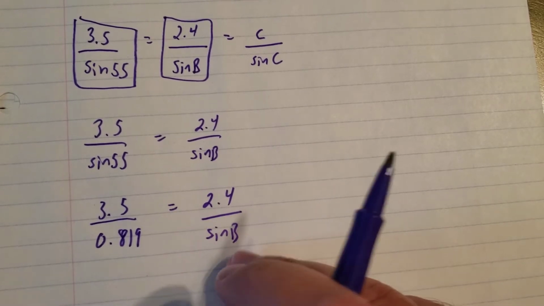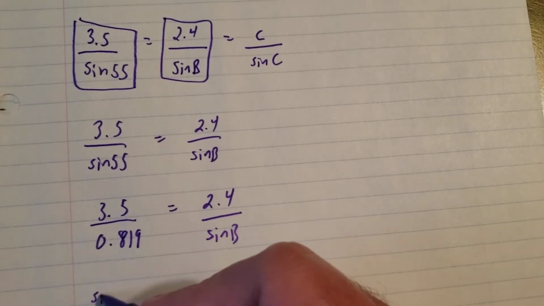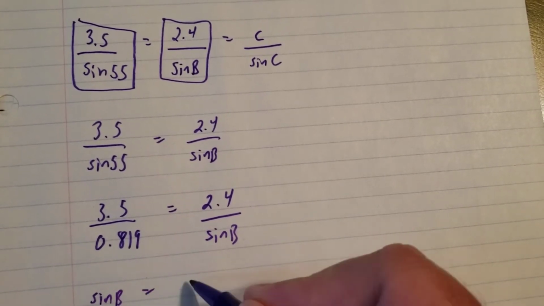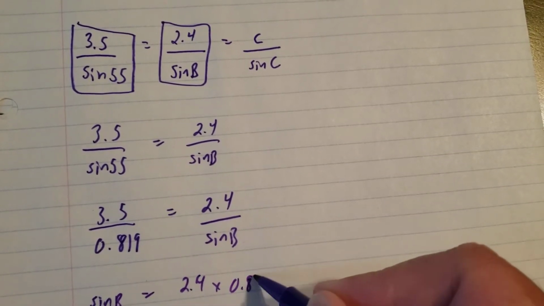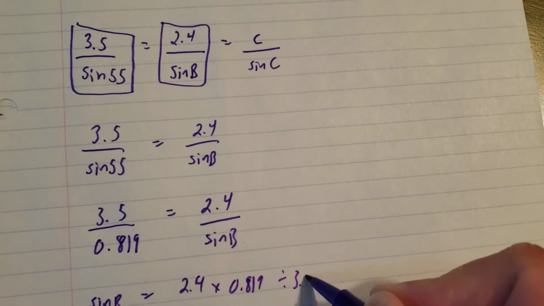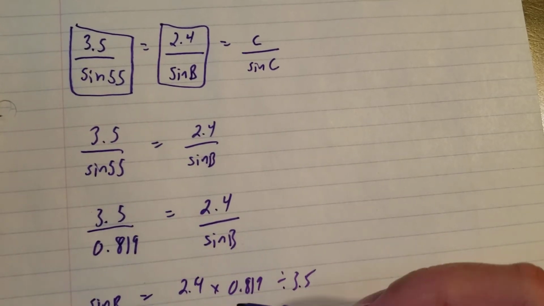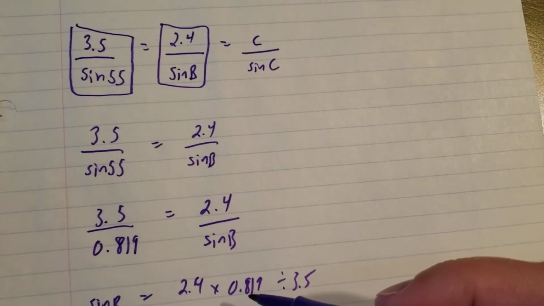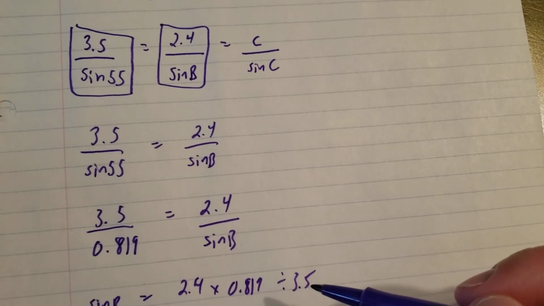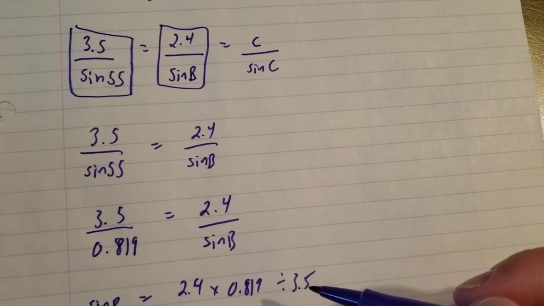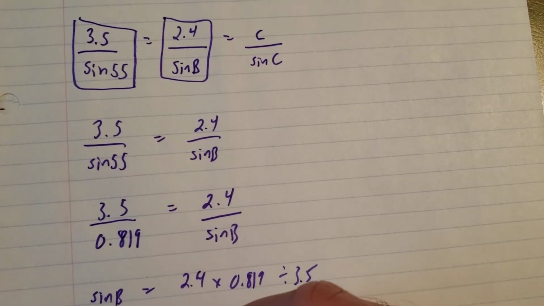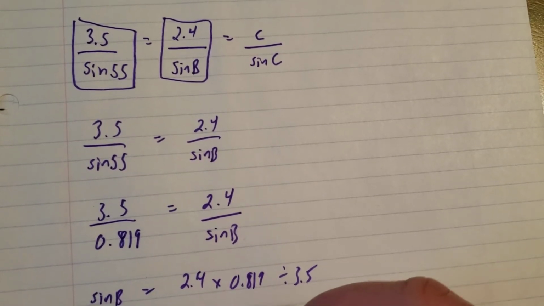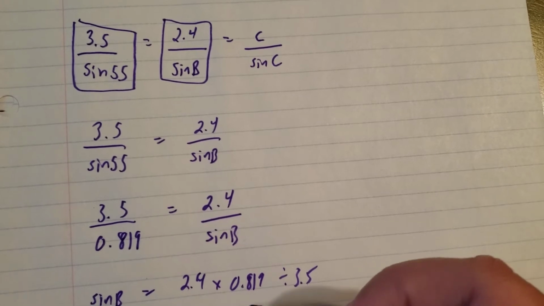Well, whatever's here is actually sine B. So I can say that sine B is equal to 2.4 times 0.819 divided by 3.5. Okay, I can punch that in my calculator. So 2.4 times 0.819 divided by 3.5 gives me the number 0.5616. Okay?